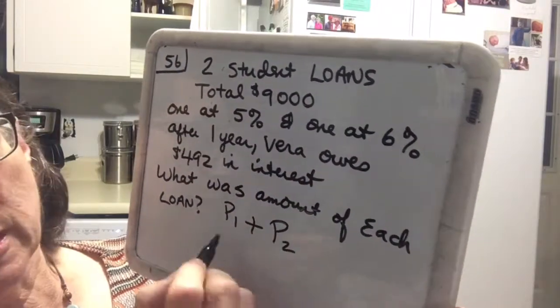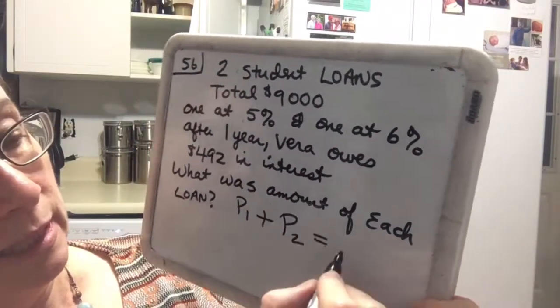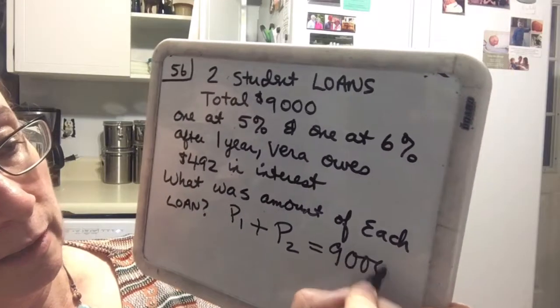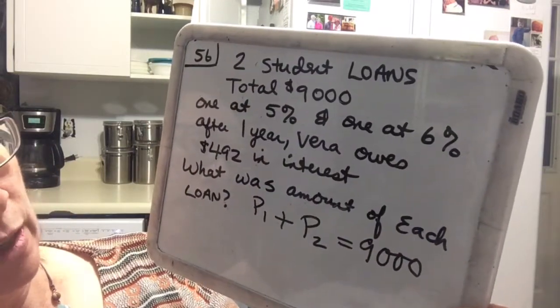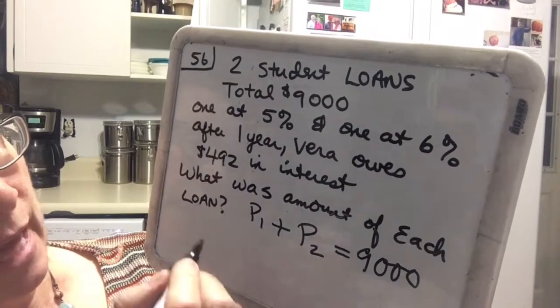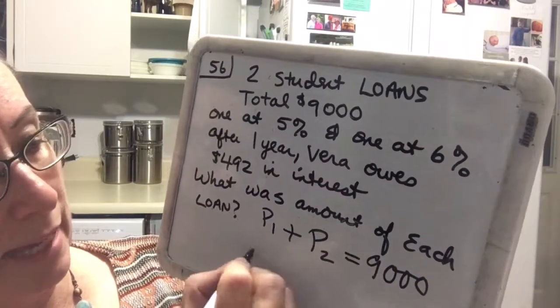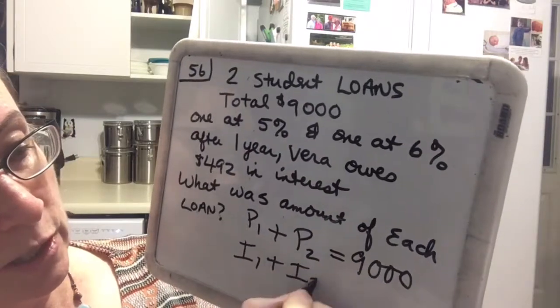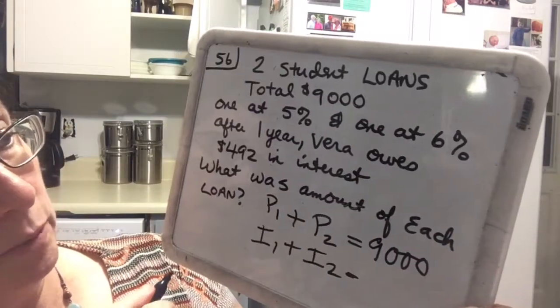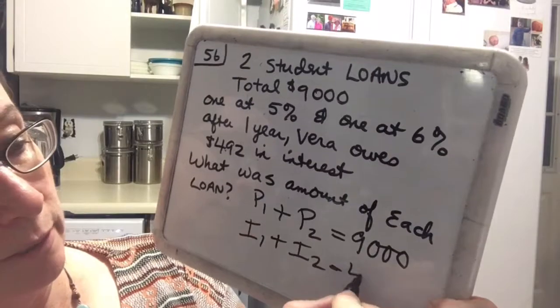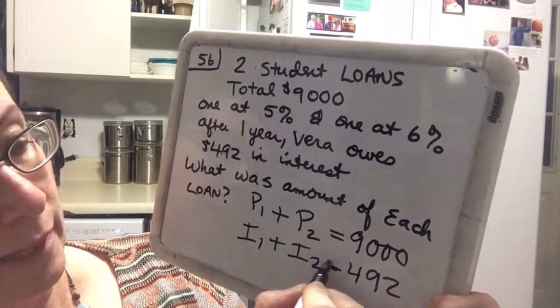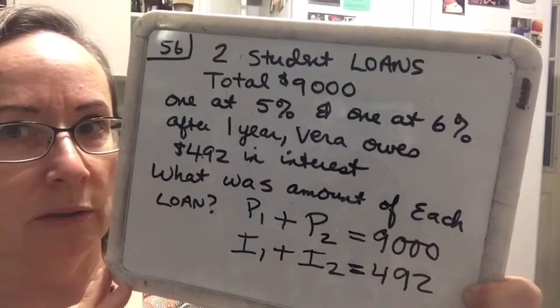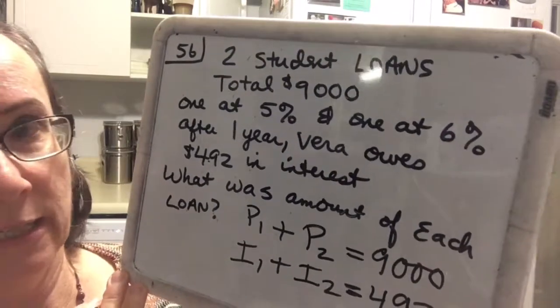But we know that the principals added together give us $9,000. And we also know that our 2 interests added together, so interest 1 plus interest 2, is going to be equal to 492. And then we have this cool formula that connects the two.